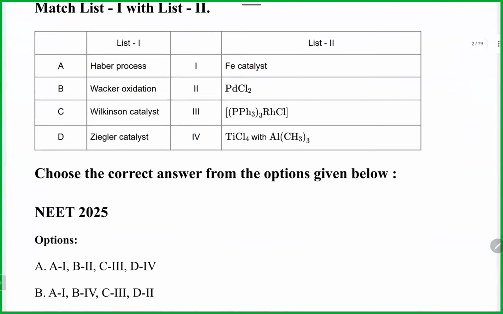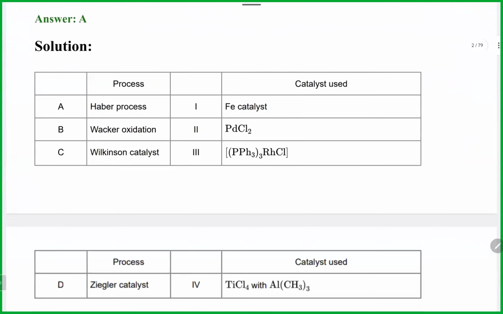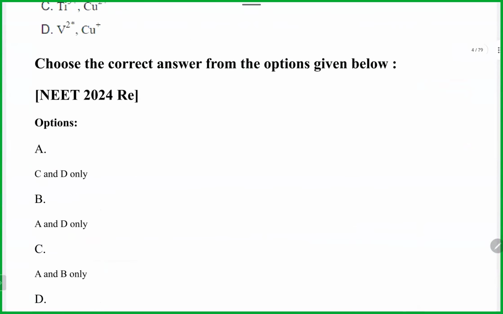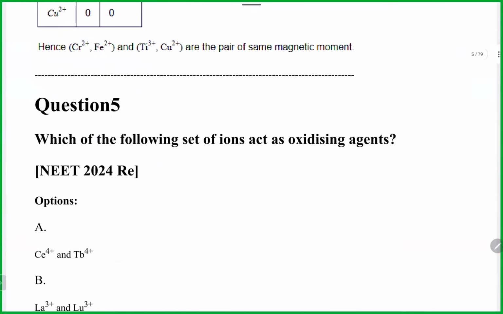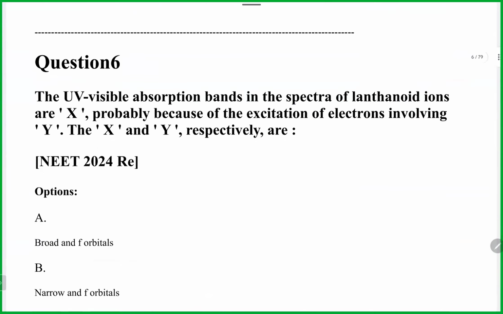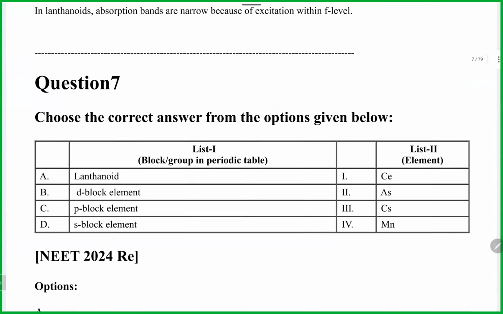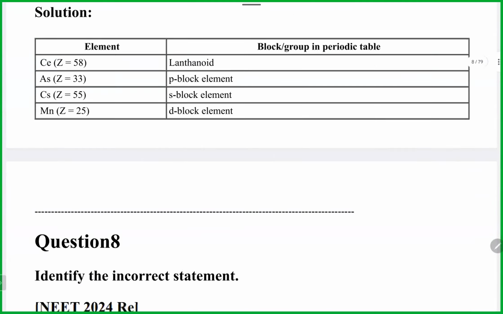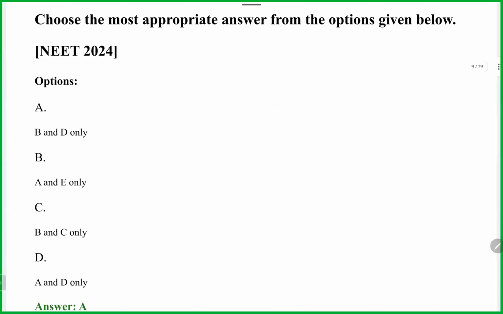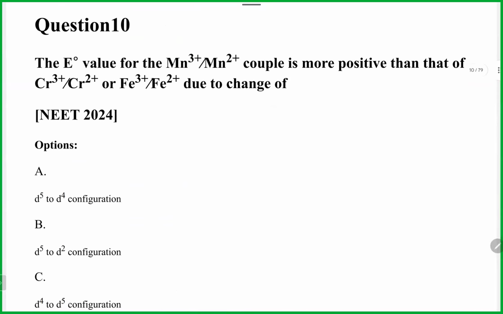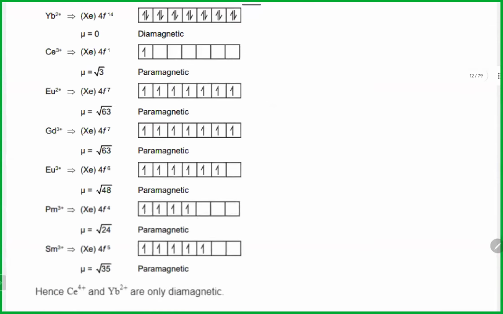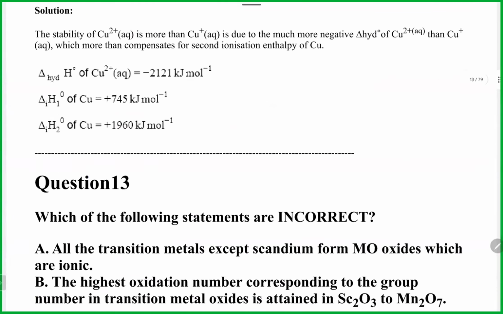Okay. Spin only, spin only. Why are we not getting D and F block? Pair of lanthanoid, copper.